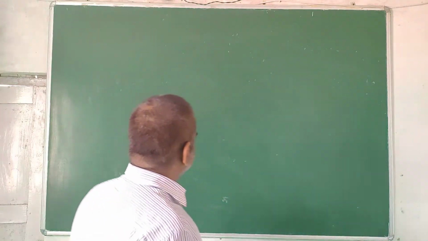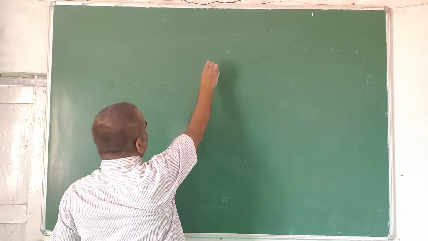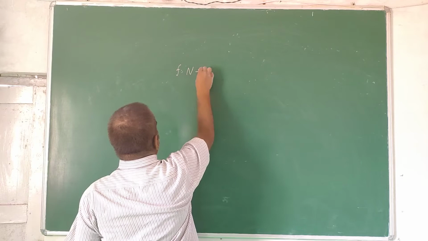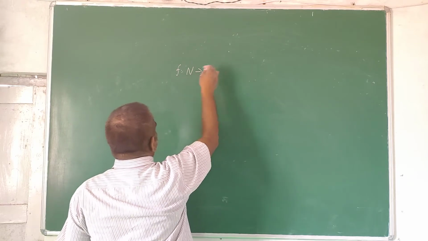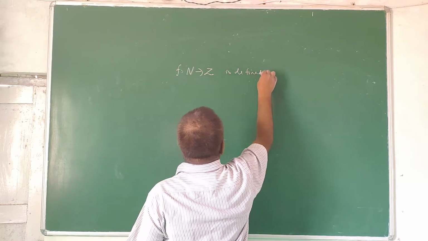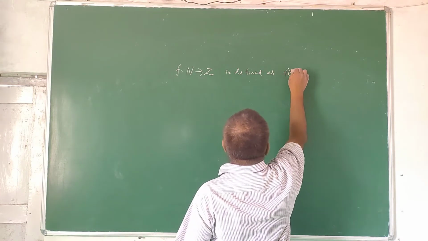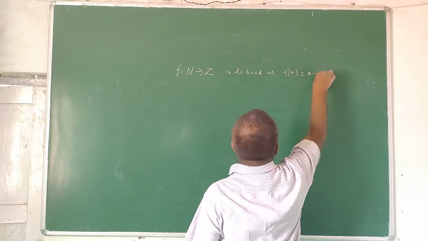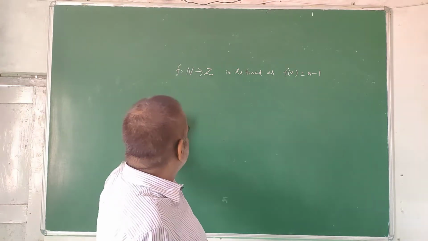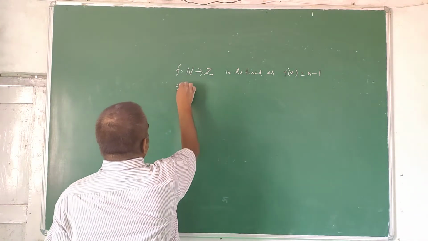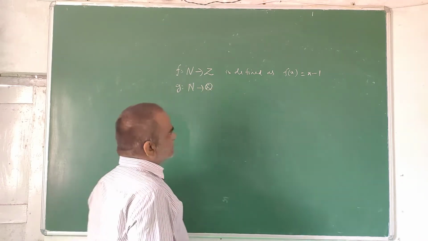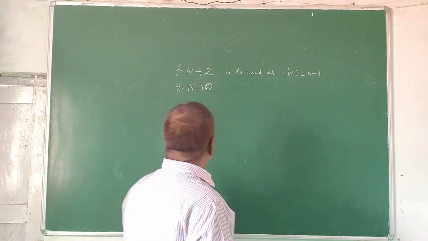See here, I am taking a function N to Z, set of natural numbers to set of integers. f from N to Z is defined as f of x is equal to x minus 1, and g from N to Q, Q is the set of rational numbers.